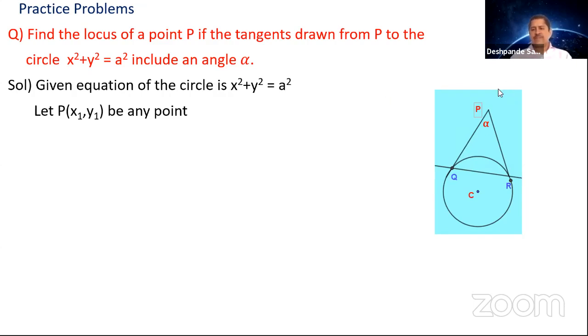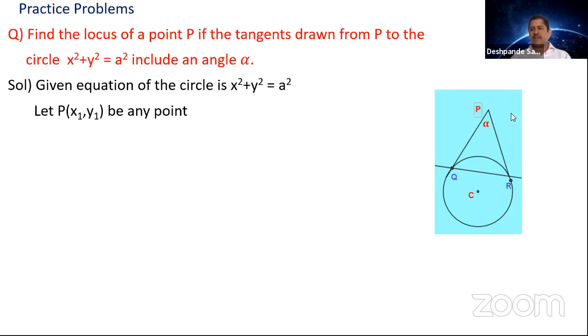You have the pair of tangents here. The line QR is the chord of contact, and these are the two tangents. Here is the point P, and this angle is alpha. Now you are asking for the locus of the point P. That means this point P is not fixed. If the point P is somewhere here, you can again draw two tangents and get the angle alpha.